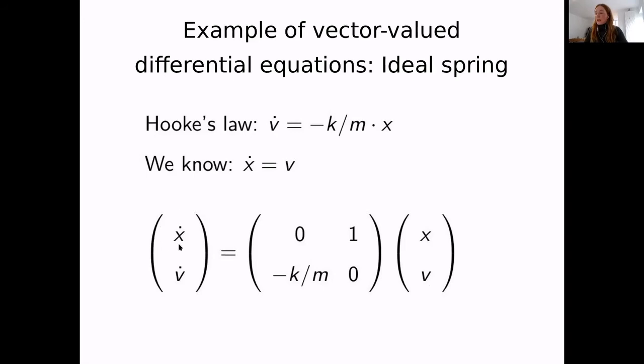And we can read this out by saying x dot equals 0 times x, and 1 times v, which is what's standing here, and our rate of change, so our acceleration, equals minus k over m times x, which is Hooke's law, and it does not depend on the velocity. So this is simple matrix multiplication, right? But this is how we can nicely write those two differential equations into one system.